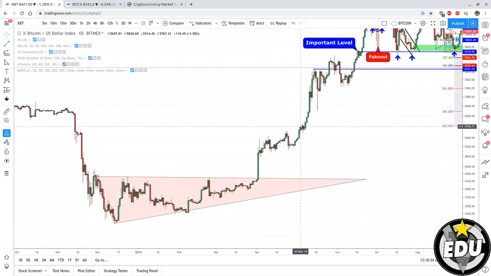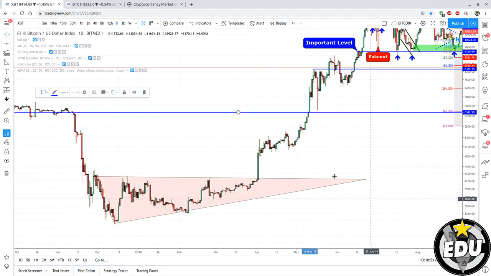Tick, tick, tick, just FOMO, FOMO, FOMO. Because you guys can see here when it broke 6K level, that was a massive level, a key level. So what do you think happens when a massive key level breaks? Well, FOMO kicks in. So this is retailer buying.